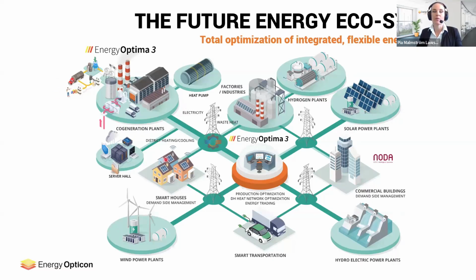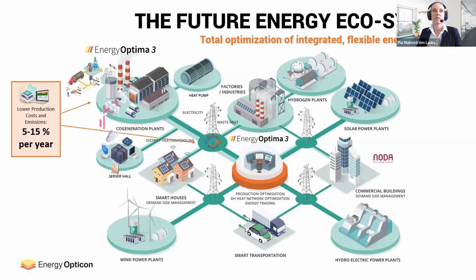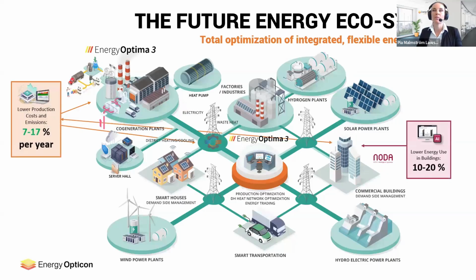So having this type of optimization system can help to lower production costs and emissions. And if you also connect the consumer flexibility side, you not only lower the energy use in the buildings, but you also can lower these costs and emissions even more. That was proven as a result of this 5-year project.